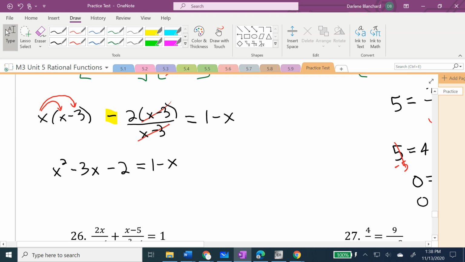When I get to the point of having a polynomial, I want to bring my like terms together, make one side set equal to 0. So I'm going to add x to both sides of the equation. And I'm going to subtract 1 from both sides of the equation. And now I'm ready to factor.